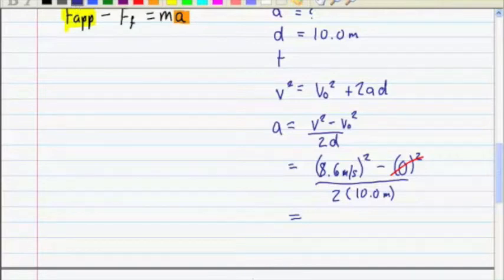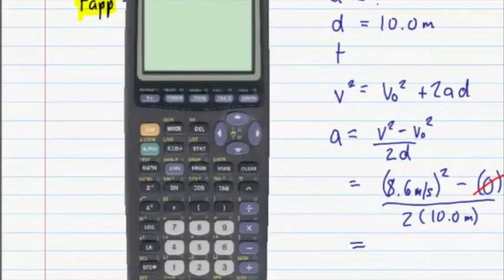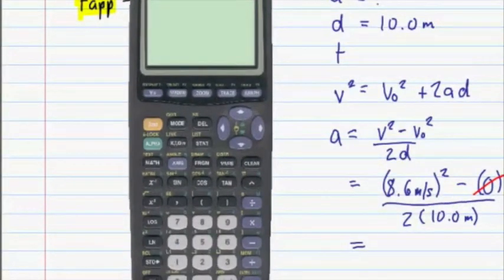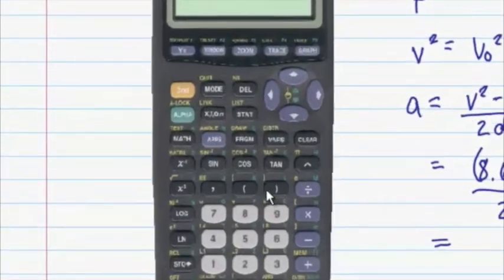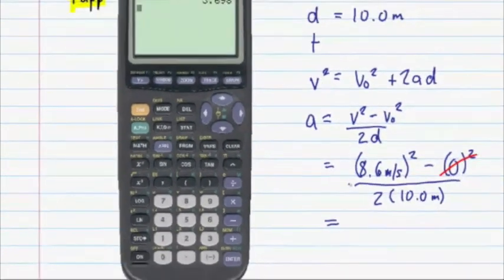All right, so what do we got here? Okay, so we've got 8.6 squared divided by 2 times 10.0, and it looks like our acceleration is 3.698 meters per second squared.